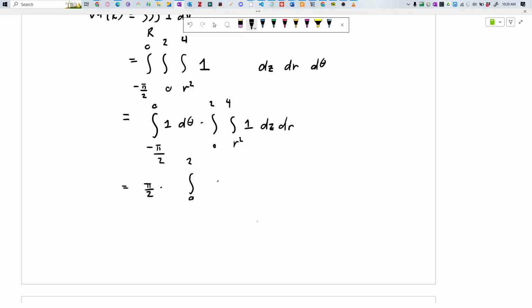Integrating that is going to give me z evaluated from r squared to 4, which is clearly going to equal 4 minus r squared. We then integrate that with respect to r, giving you 4r minus r cubed over 3, evaluated from 0 to 2.